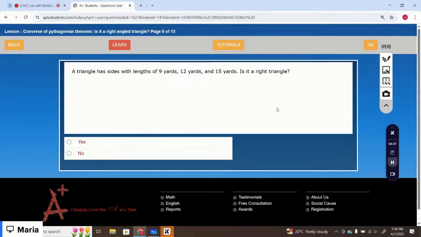That is 144 plus 81. Yes, that is a right angle triangle.